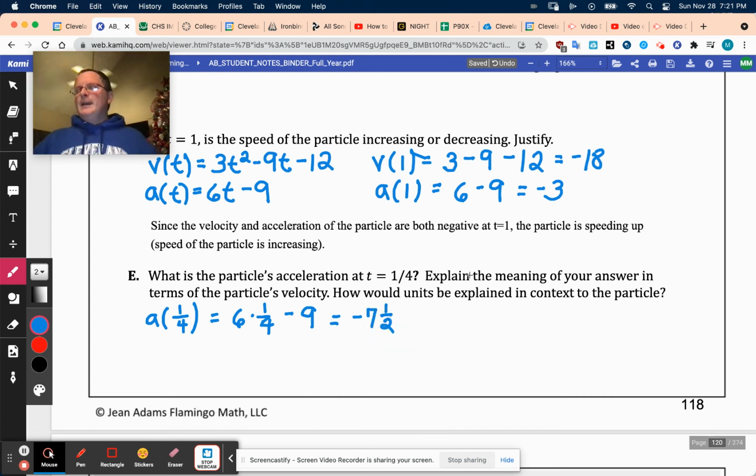Okay, and again, we don't know what the units are, but what this means is that the velocity is changing, is decreasing. We'll type this out.